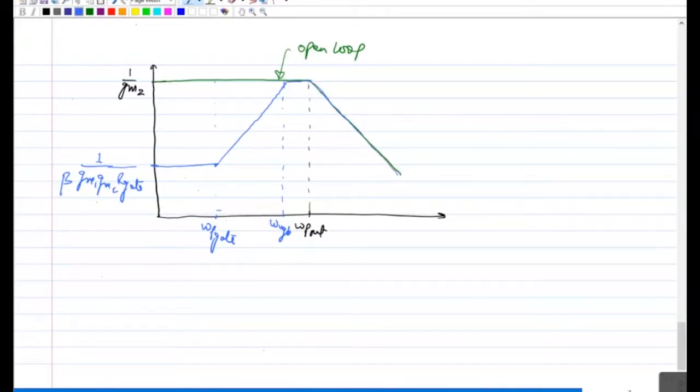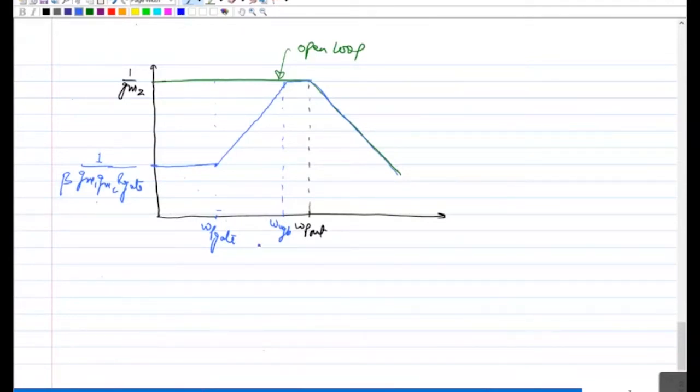Take the same condition: the PMOS with the dominant pole at gate, so omega P gate is dominant. How was the curve with the PMOS? Do you remember? What was the maximum impedance it was going to around UGB? Anybody remember? R out, sir.